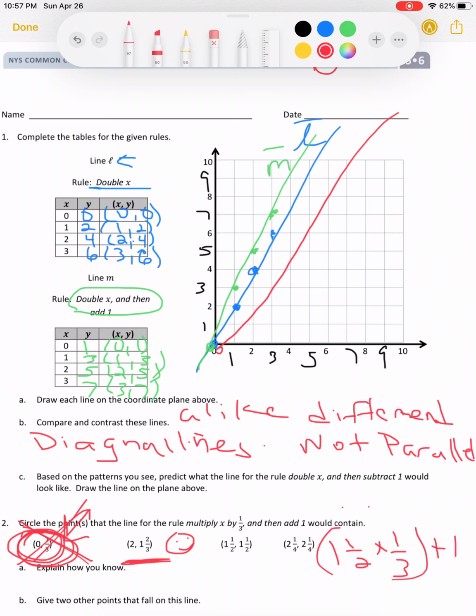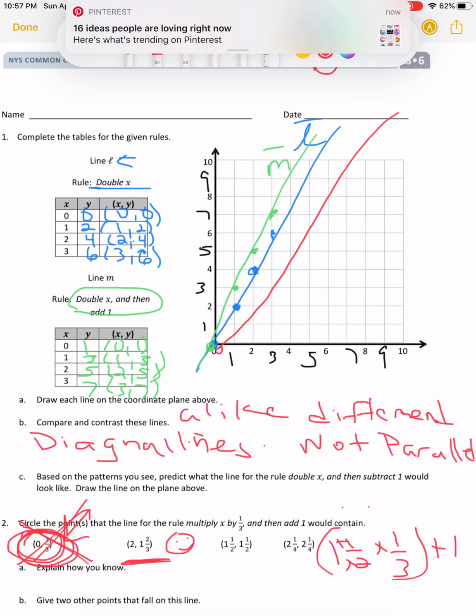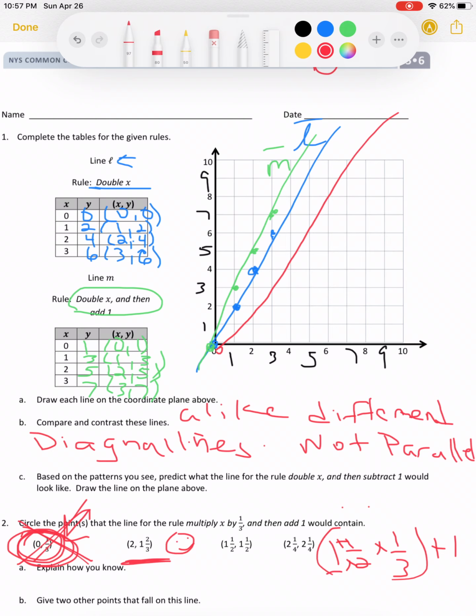We have to change this into an improper fraction. So 2 times 1 equals 2, plus 1 equals 3. So this is 3 halves. Keep the same denominator. Times 1/3. Multiply straight across: 3 times 1 equals 3, and 2 times 3 equals 6. And then we add our 1.